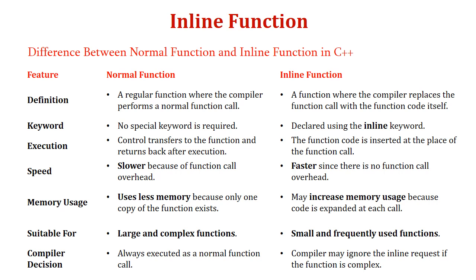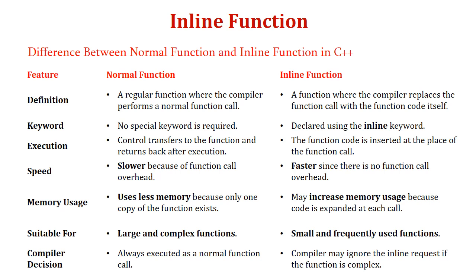Next, keywords. There is no special keyword required in the normal function, but the inline function will use the inline keyword. And next, execution. The control transfers to the function and returns back after execution in a normal function. In inline functions, the function code is inserted at the place of the function call.